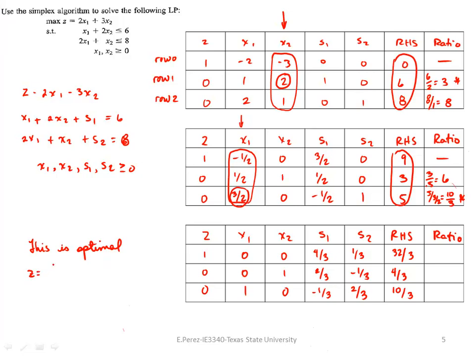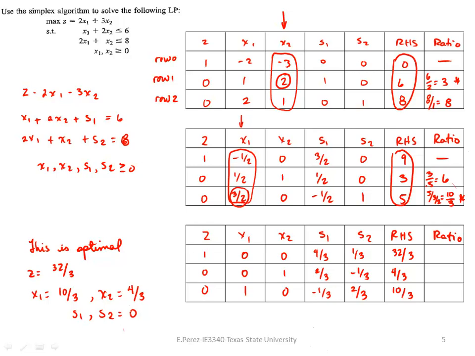Z equals 32/3. X1 equals 10/3. X2 equals 4/3. S1 and S2 equal 0. That's your optimal solution.